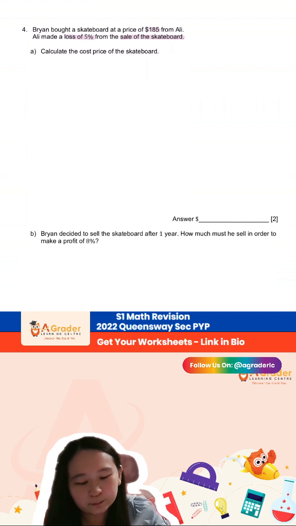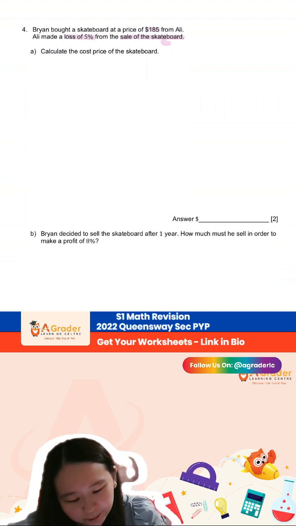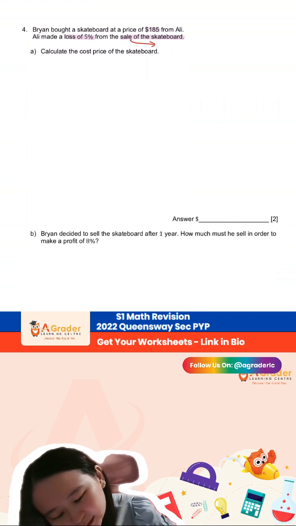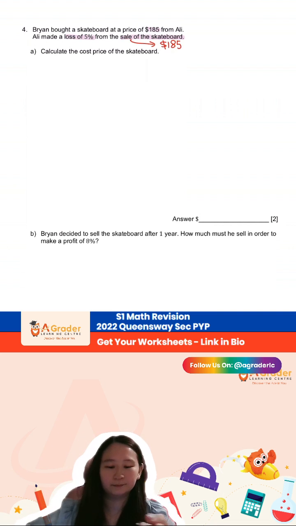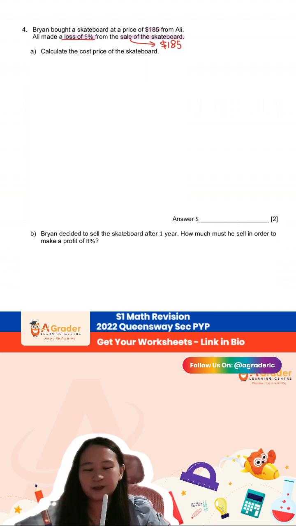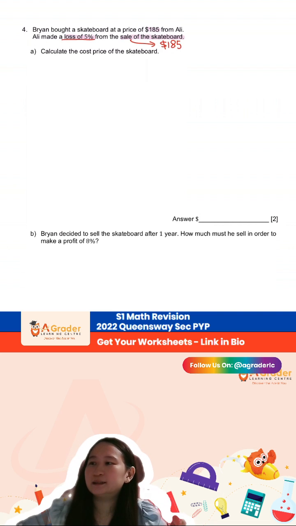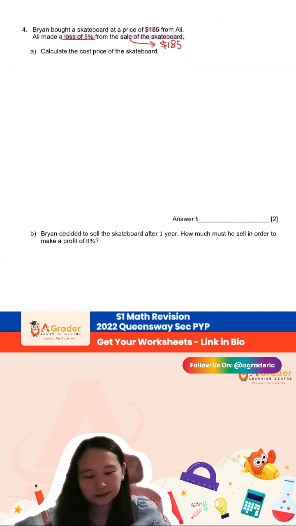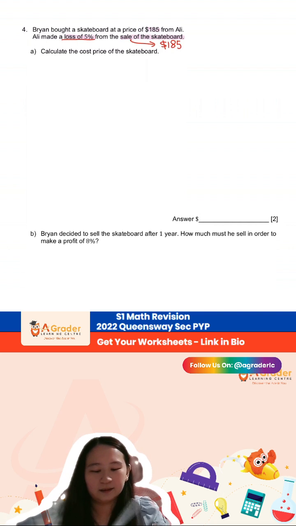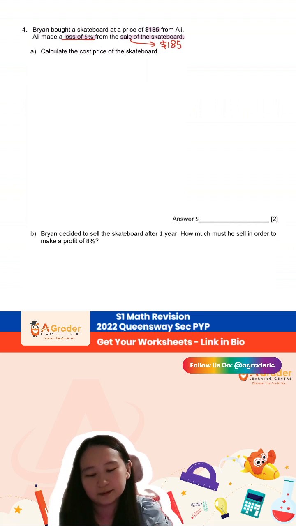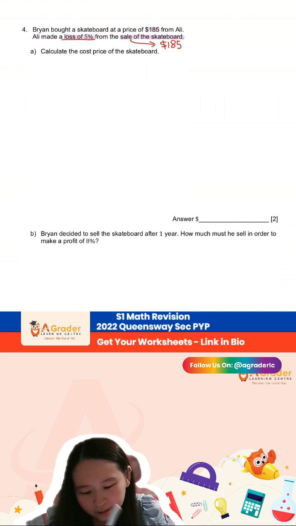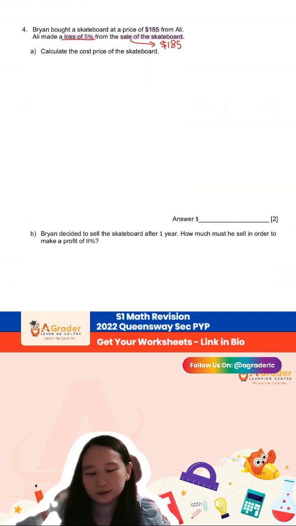Is the price that Brian bought from him. So this is $185. Okay, made a loss of 5%. So means $185 is 95%. You take 100% minus 5%. That is the loss to find the percentage for the sale of the skateboard.